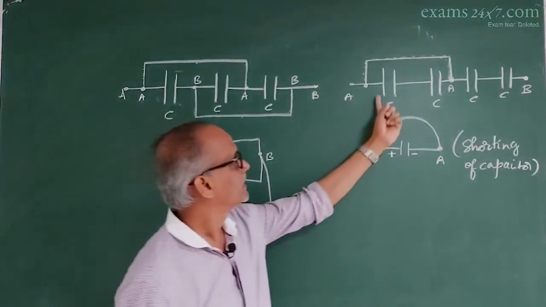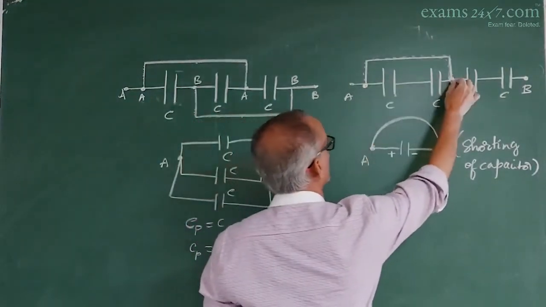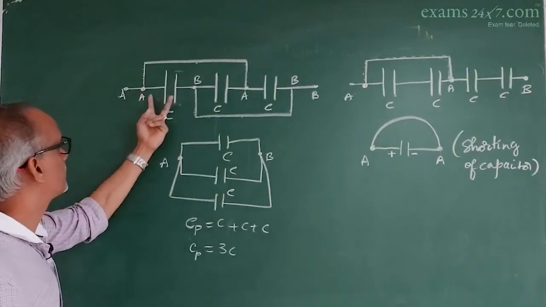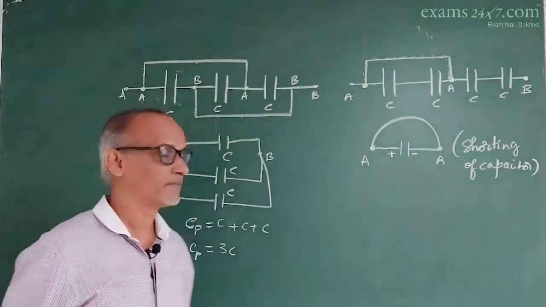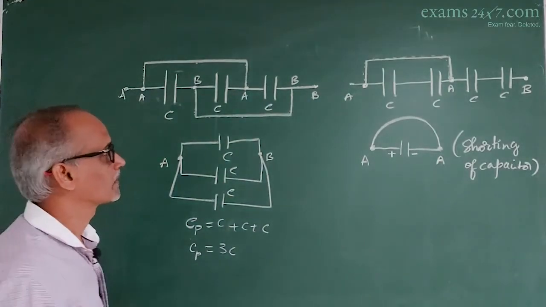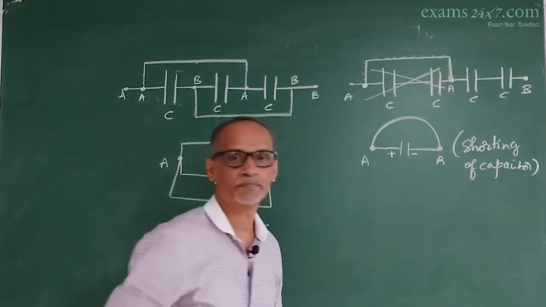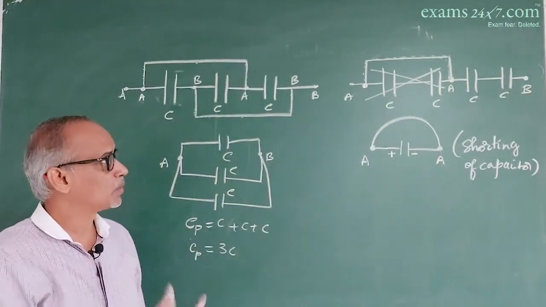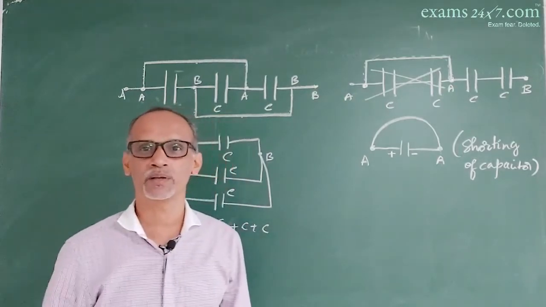So therefore, these two capacitors are connected between two identical points. In this case, you will find every capacitor between two different points. And when shorted, as you cannot store any charge in them, they have no role in storing charges in the entire circuit when connected to a battery.